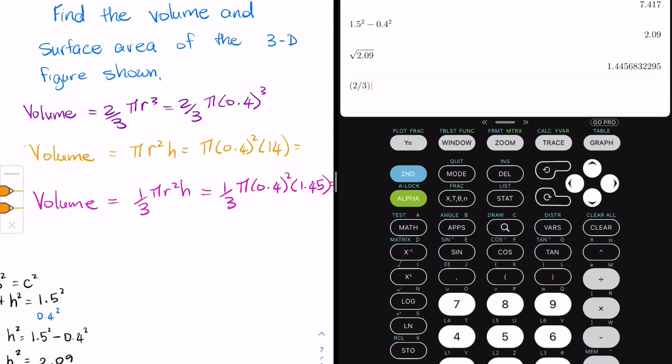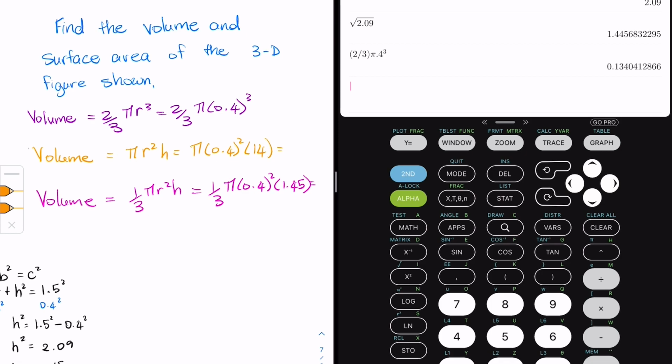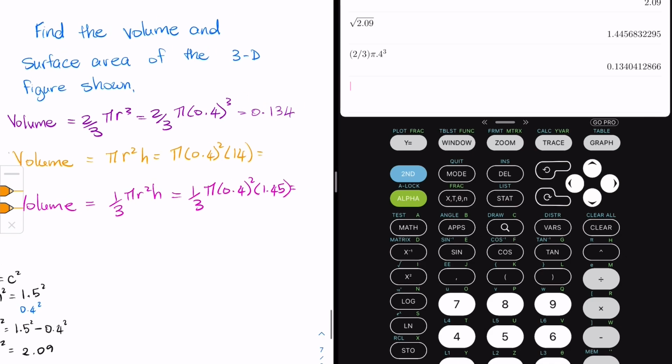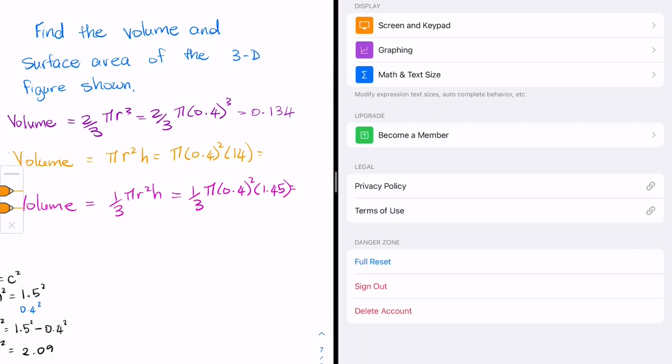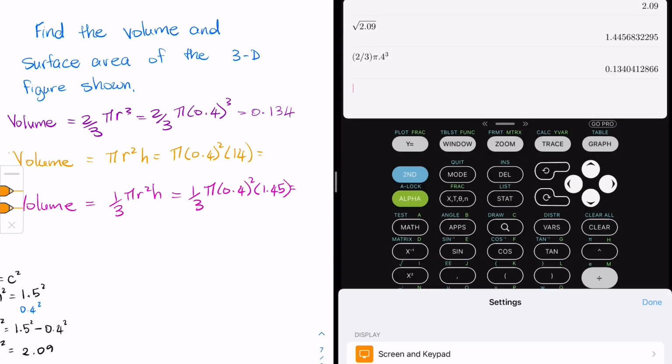We close that parenthesis, and we have second pi, and then r, which is 0.4, raised to the third power, and we enter. And so for the top part, or hemisphere, we have that the volume is equal to 0.134 centimeter cube. All right, good habit to write that in, centimeter cube.